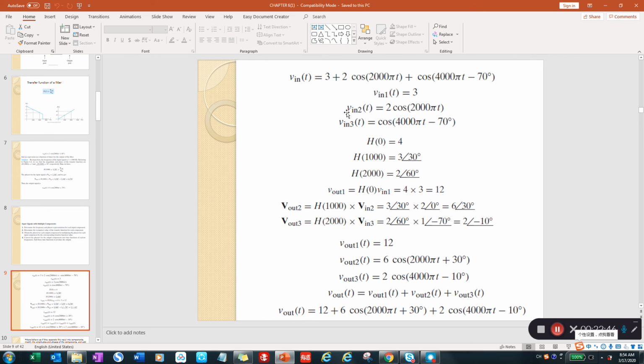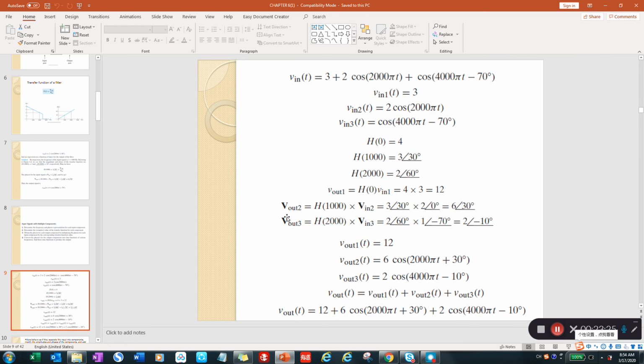Then let's look at the second input. For the second input, we first identify the frequency equal to 1000. Then for the frequency equal to 1000, in the last example, we figured out that the transfer function is 3∠30°. The amplitude is amplified by 3, and the phase angle will be increased by 30.